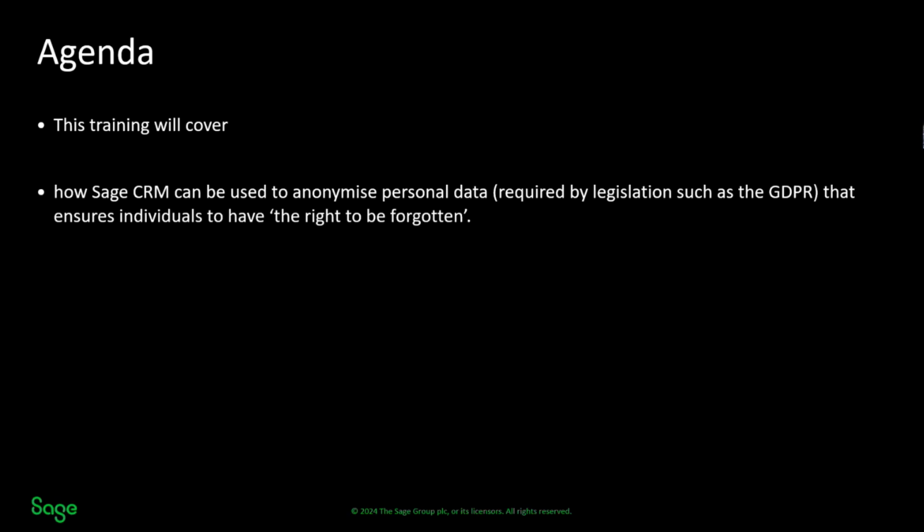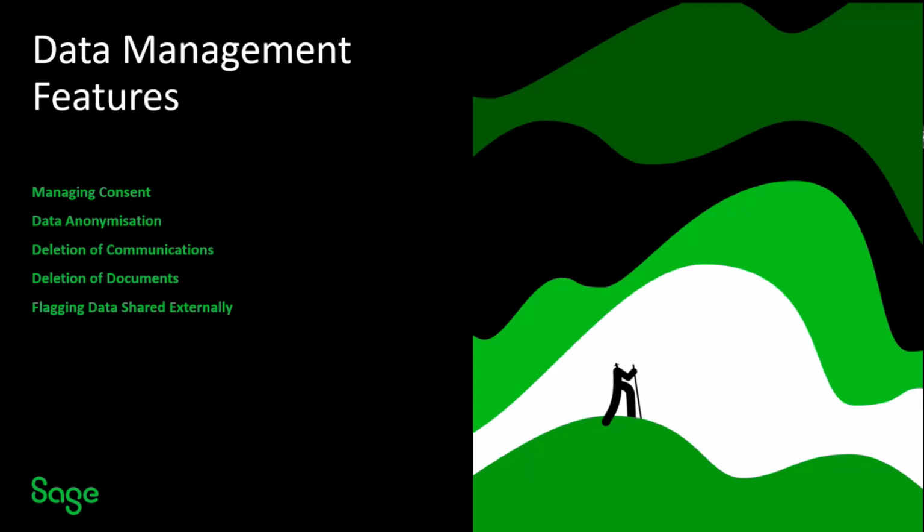Now, as part of this, we're going to look at how easy it is inside Sage CRM to actually satisfy that, but also how difficult it is to satisfy that, because you need to make sure that you are correctly managing the data, not only in the one system, but all of its links out, so wherever the data sits.